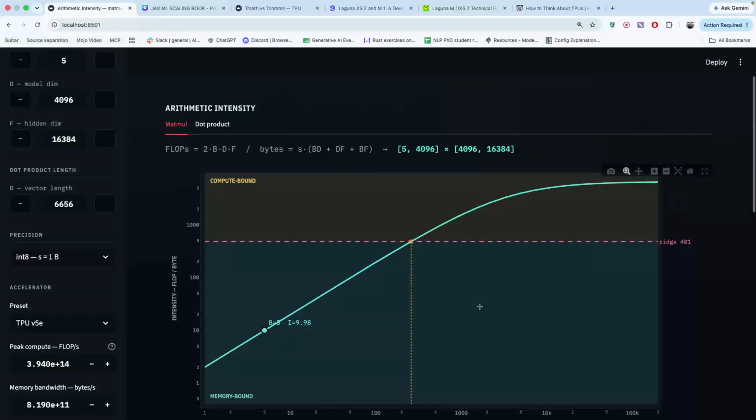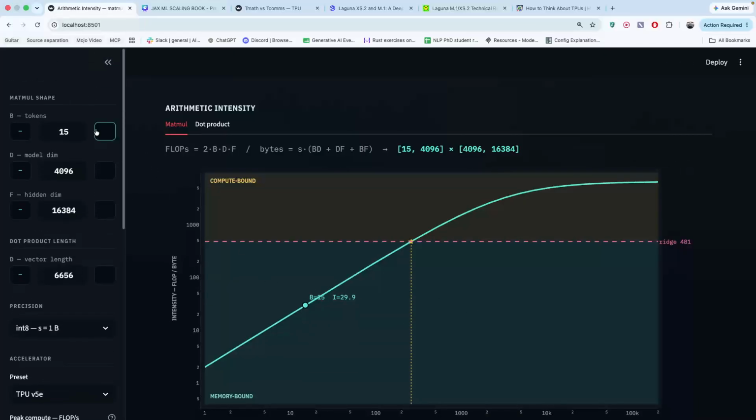You can increase your batch size, and it will keep approaching the compute-bound region, and the B star, which is the ideal batch size after which it will start to be compute-bound, is around 260.